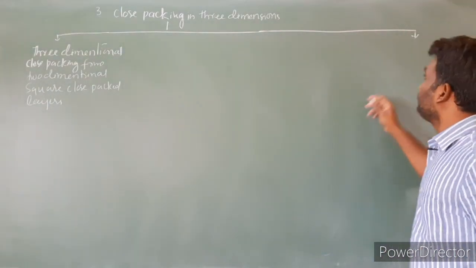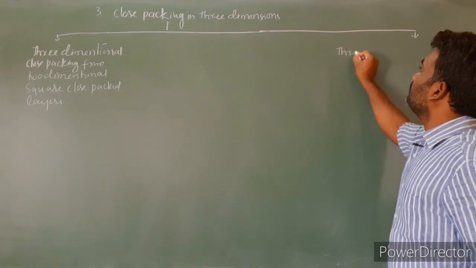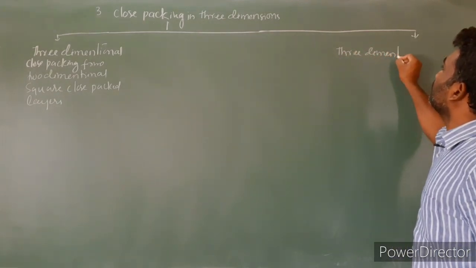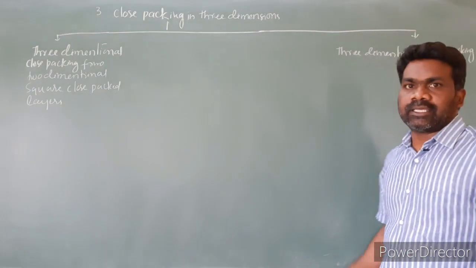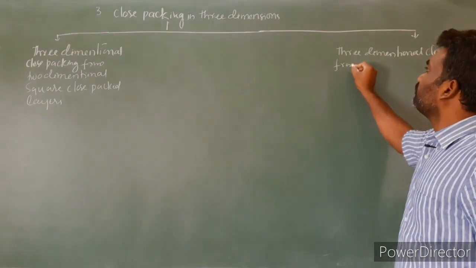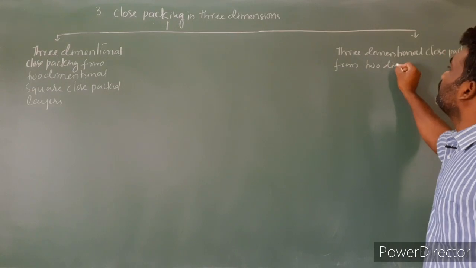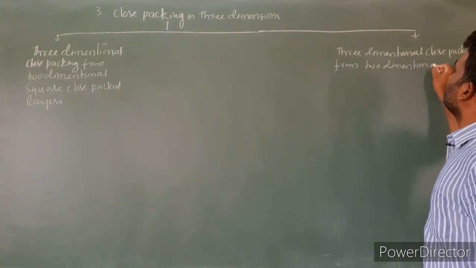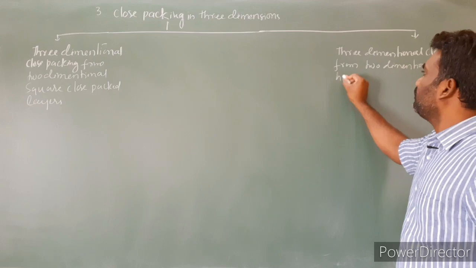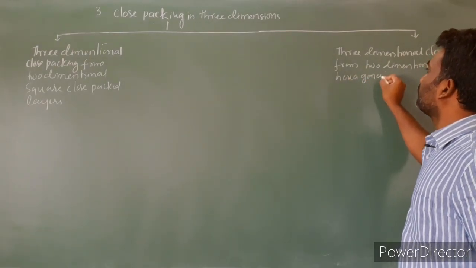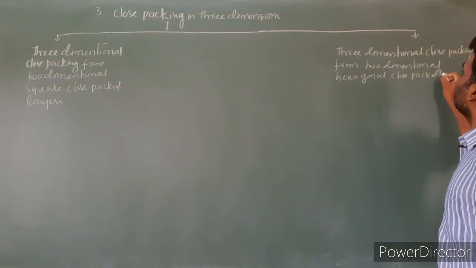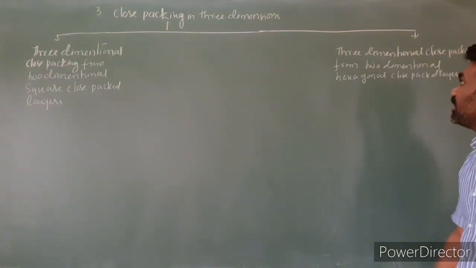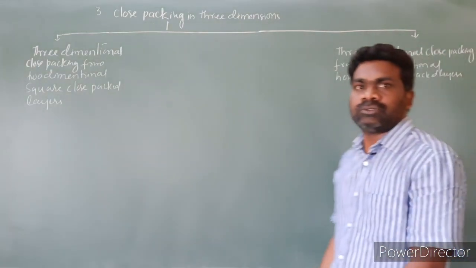The second one is 3-dimensional close packing from 2-dimensional hexagonal close packed layers. So 2 hexagonal close packed layers. These are the 2 types.